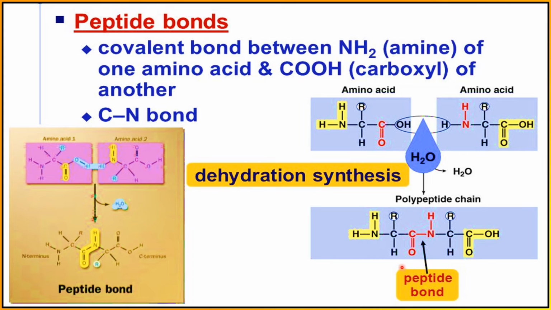Remember, the carboxyl group of one amino acid binds to the amino group of an adjacent amino acid. And remember, it doesn't show it here, but the carboxyl end has a net negative charge. The amino end has a net positive charge, and so this guy right here is polar. And that's your peptide bond between amino acids.